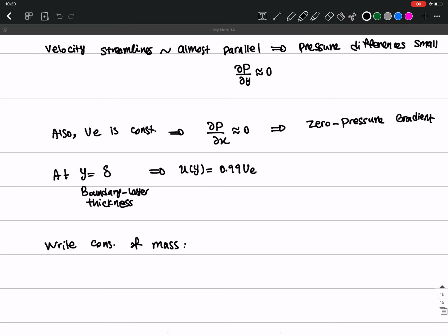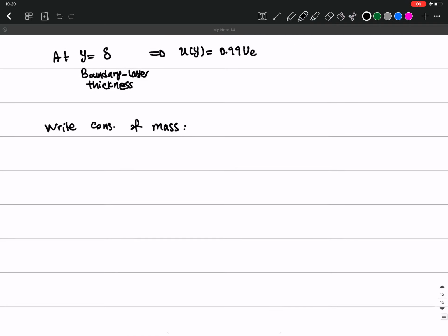This is a steady flow, so I can use this formula, and I can neglect this part, because it's zero in steady flow. So I only have this part.